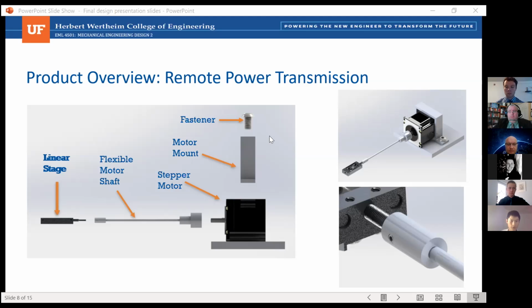So for this current remote power transmission, we have the calculation of how far the motion stage travels with each rotation the motor generates. And therefore, the software will be controlling the motor. The software can be run through any G-code software that controls 3D printers or CNC machines. It's the same mechanism.